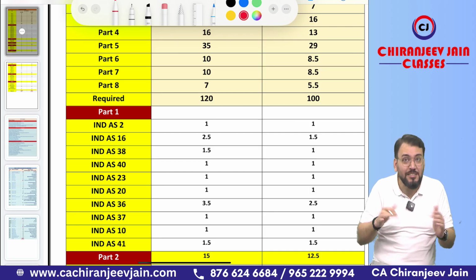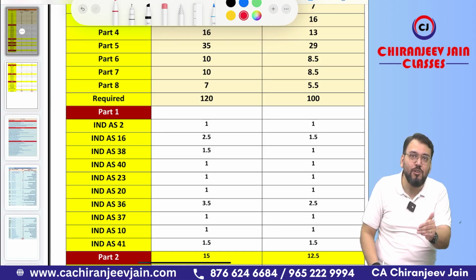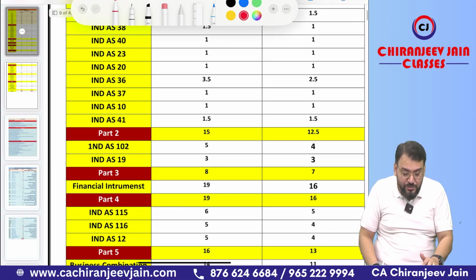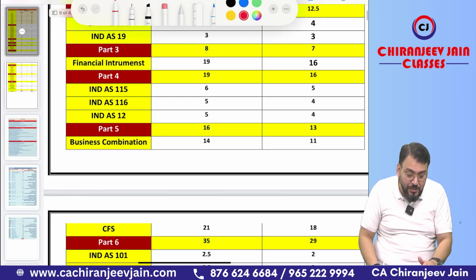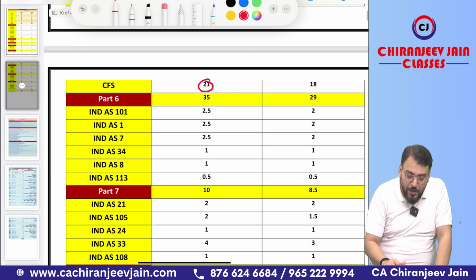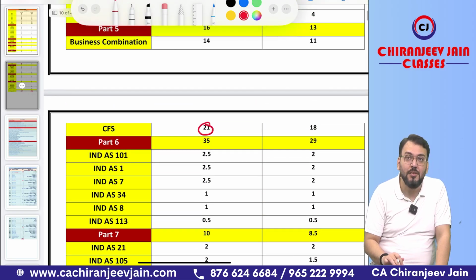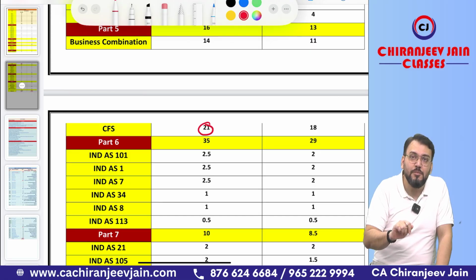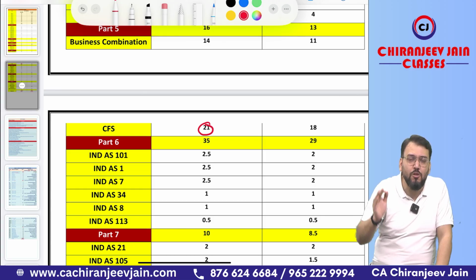It is quite possible. Sometimes what happens, you start with the consolidation chapter, and you can see how many hours I have given in the consolidation chapter. I have given 21 hours. If you are studying for 120 hours, it requires 21 hours, but what happens? You go on solving the question, and eventually you find that you have given 40 hours.